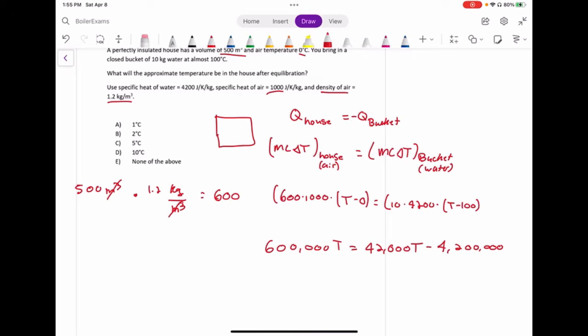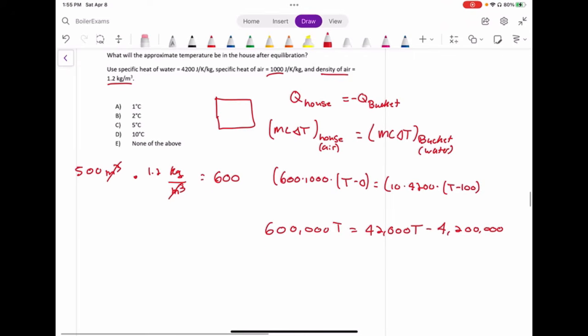Wait, that would give us a negative T. Oh, I see why. Once again, I forgot, you got to add the negative right there, because heat lost by one is equal and opposite to heat gained by the other one. So this is negative, this is positive.